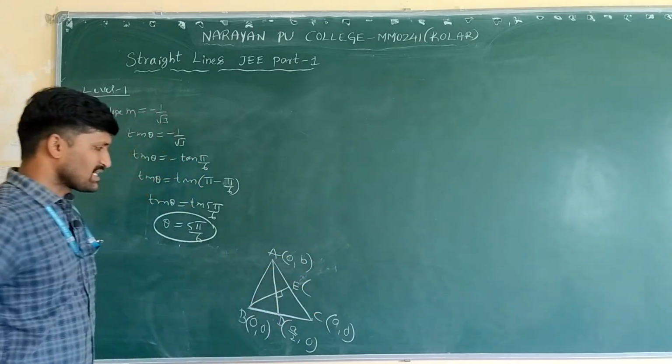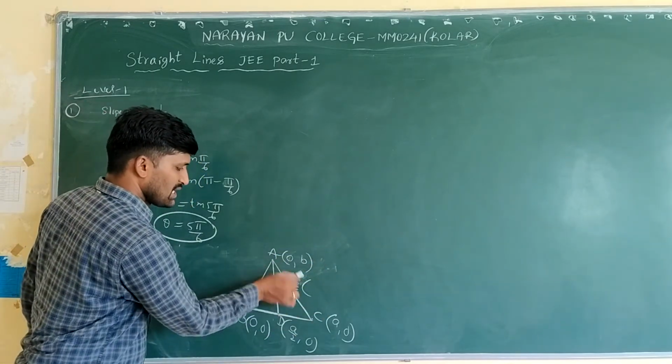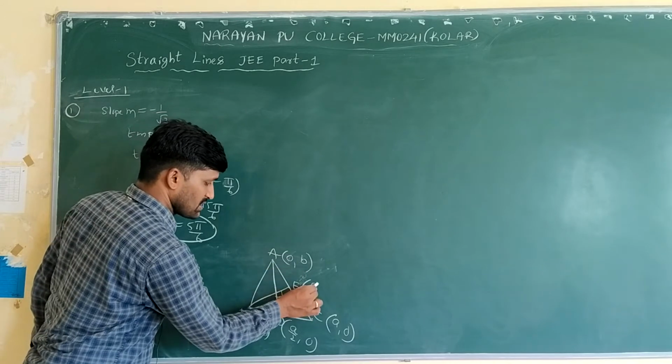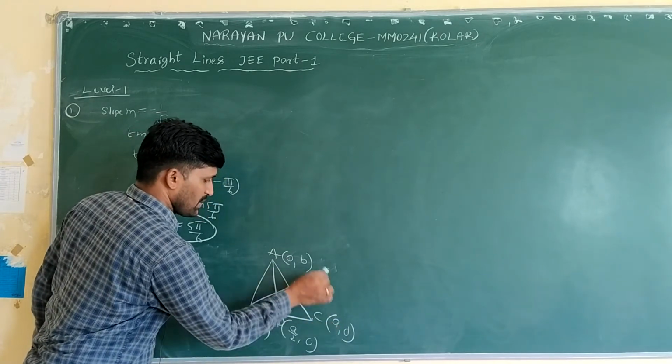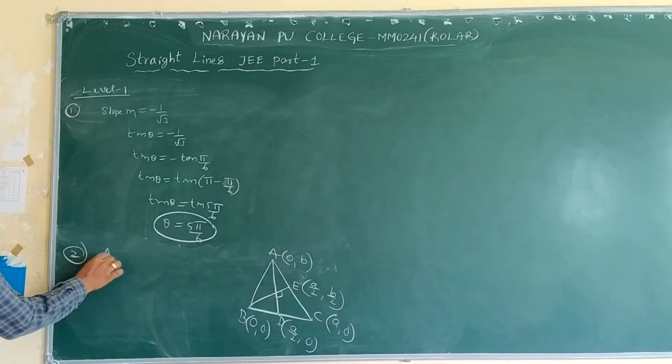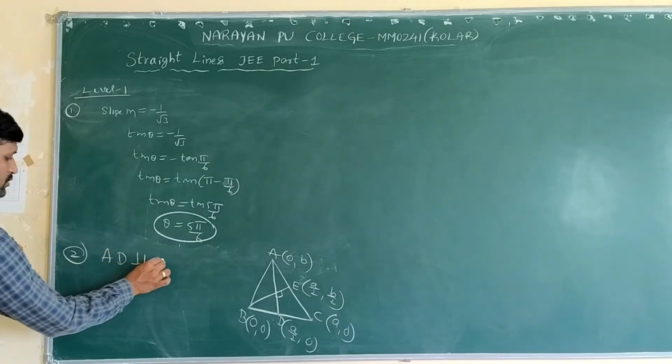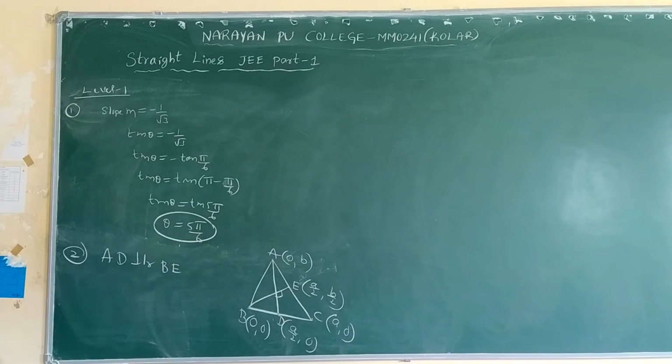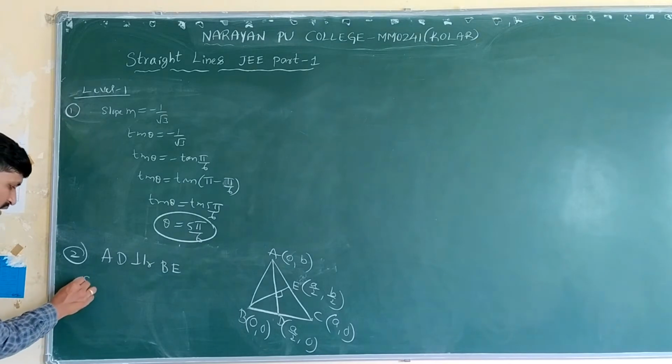Next, E is the midpoint of which side? AC. (a plus 0) by 2 is a by 2, next (0 plus b) by 2, that is b by 2. Now they have clearly given AD is perpendicular to BE, then we need to find the relation between the a value and the b value. For that we need to find the slope of AD.